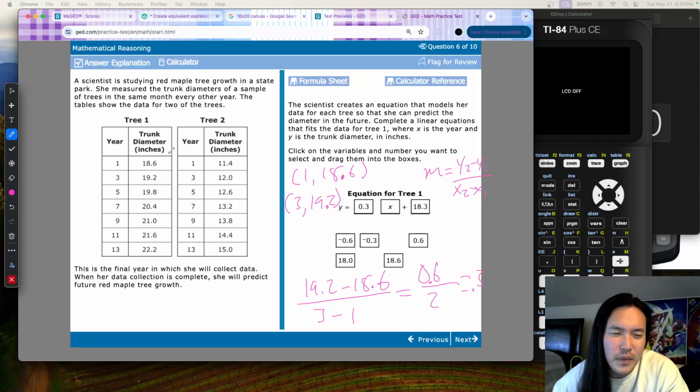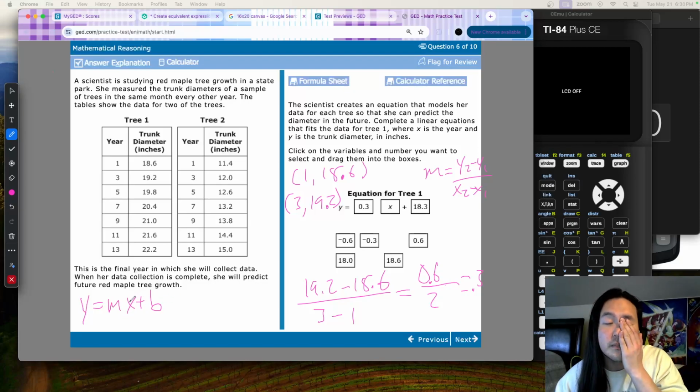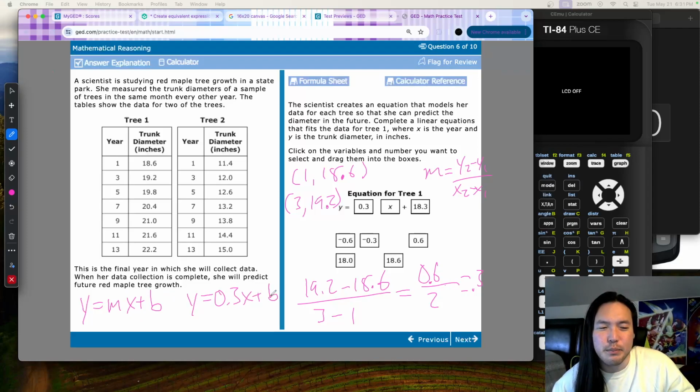Okay? So hopefully you also know that the equation for a line is always y equals mx plus b for the slope-intercept form. So now we know m. So now we know that y is equal to 0.3x plus b. How do we find b? Well, we can use one of the data points, right? So let's use this data point here.